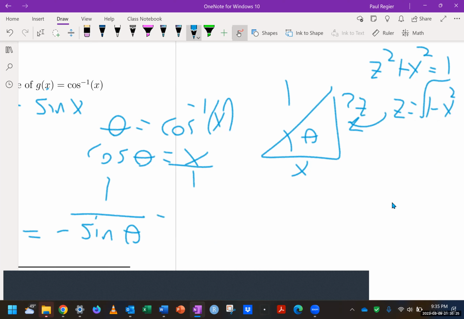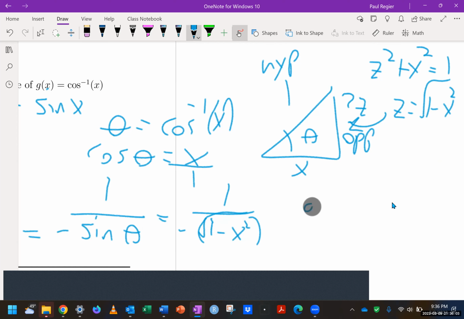So now I'm really finding 1 over negative sine theta. What's sine theta? Sine theta would be opposite over hypotenuse. So here we got opposite over hypotenuse. So instead of sine theta, I should write the square root of 1 minus x squared, and that's it.